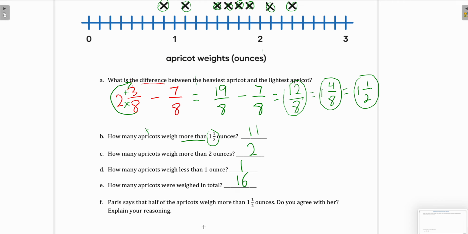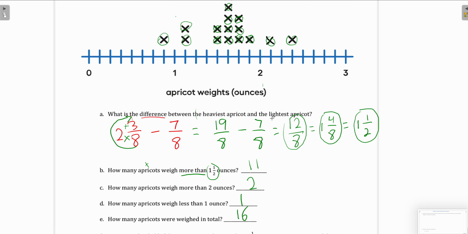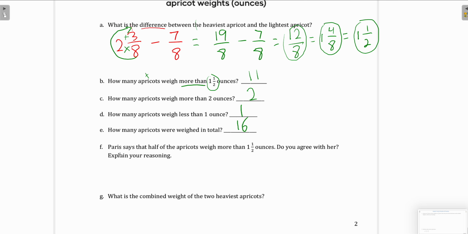Okay. We have another question about this line plot. Paris says that half of the apricots weigh more than 1.5 ounces. Do you agree with her?